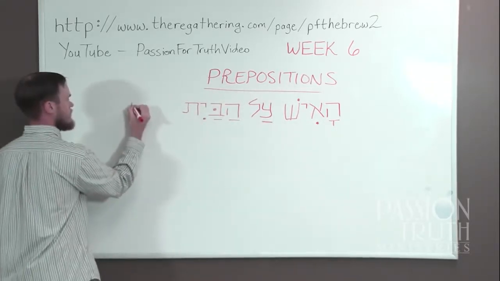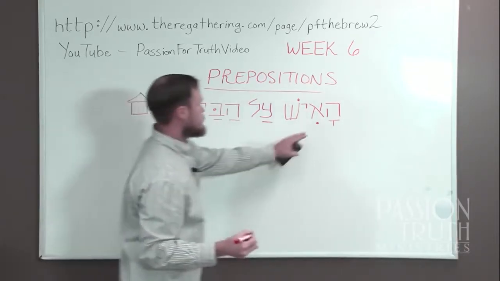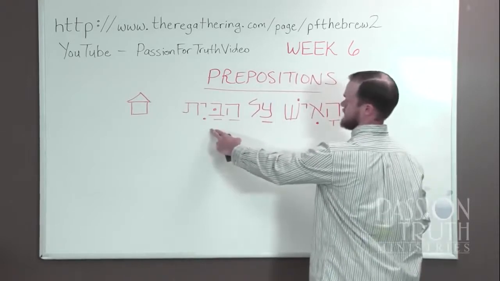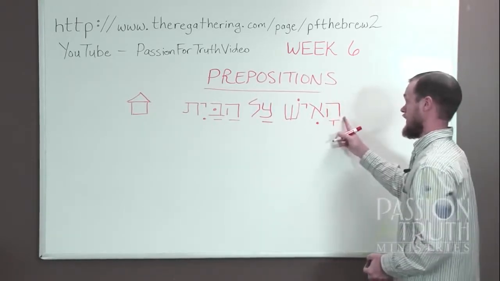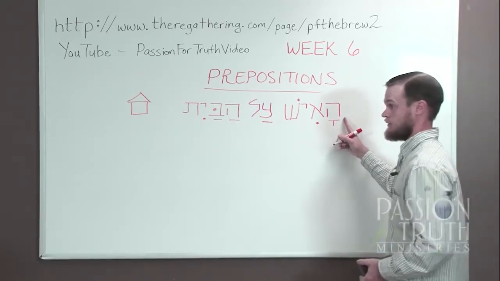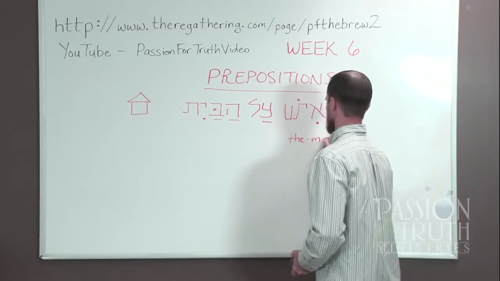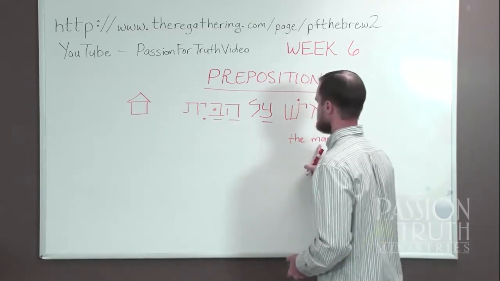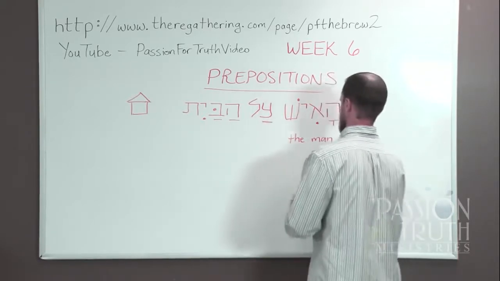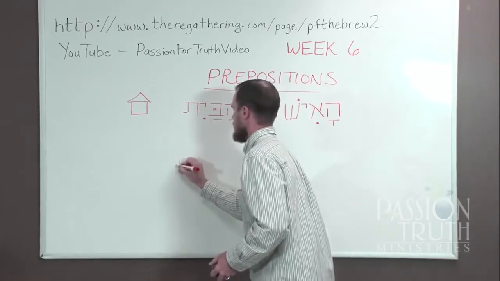Okay, so here we go. Ha'ish al habayit. Ish is man, and we're adding the he, the definite article, the word the, in front of man. So we've got the man. Actually, I'll go ahead and write this out in English, left to right down here.